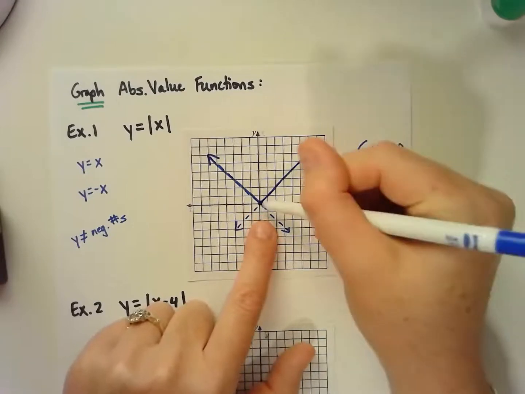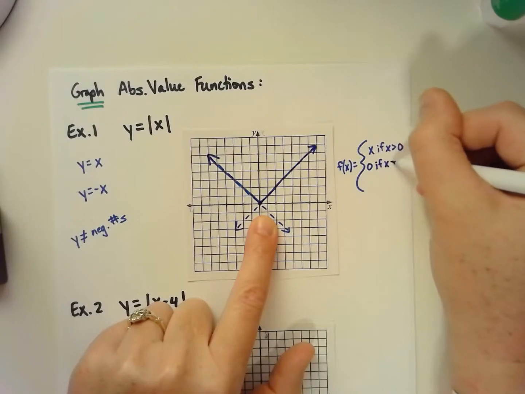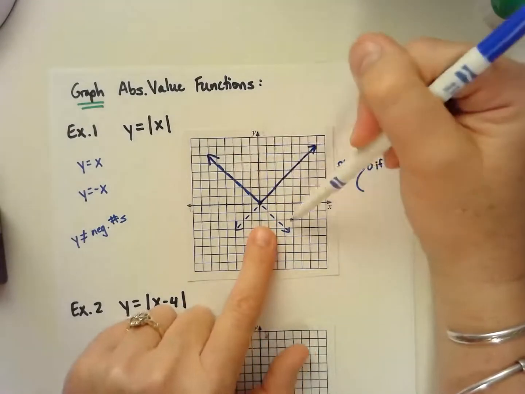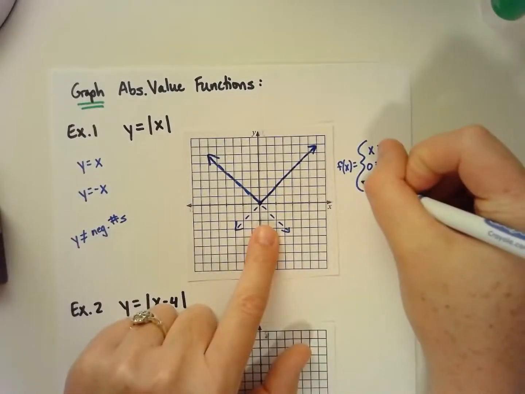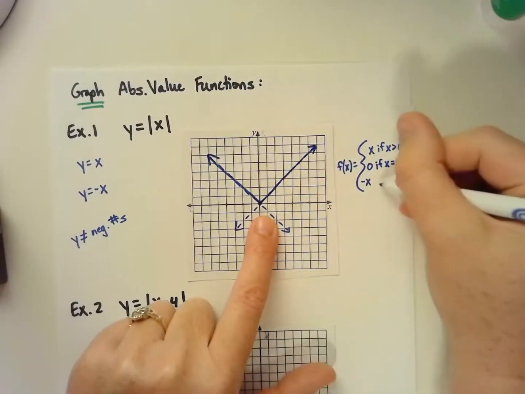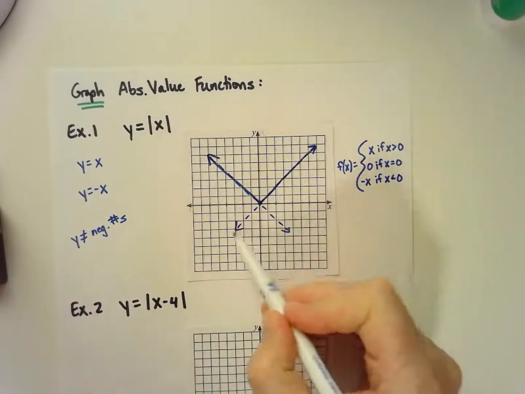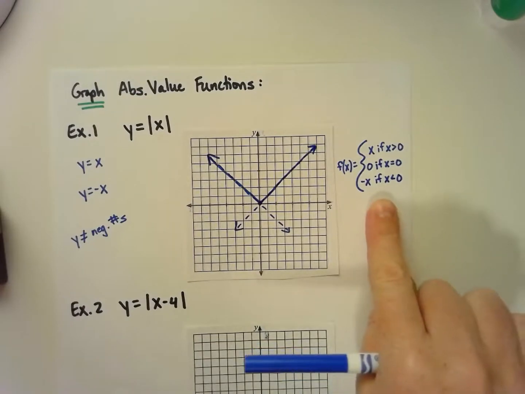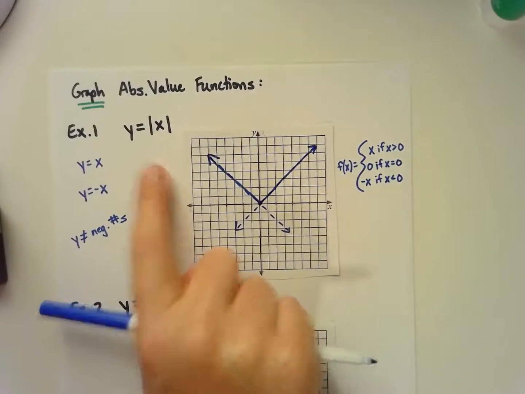And then y equals 0, if x equals 0, is that point right in the middle. And then this line represents the other piece of our piecewise function, and that's saying y equals negative x. So y would equal negative x, but only if x is less than 0. We have to say that it doesn't include these pieces down here at the bottom. And so we can write it this way because this would represent only those parts of our graph that make sense with absolute value.